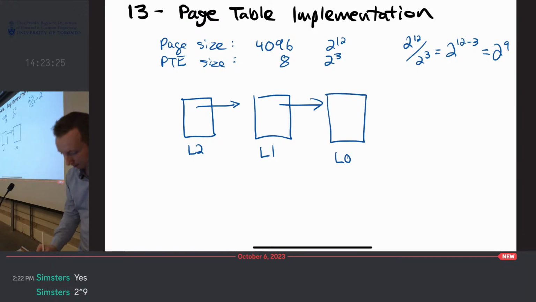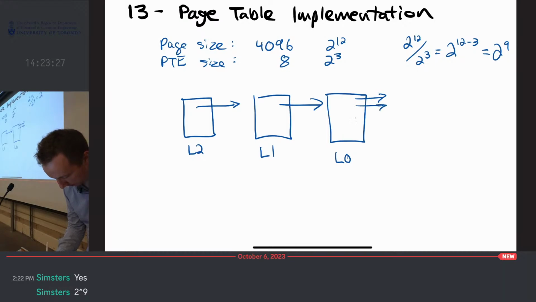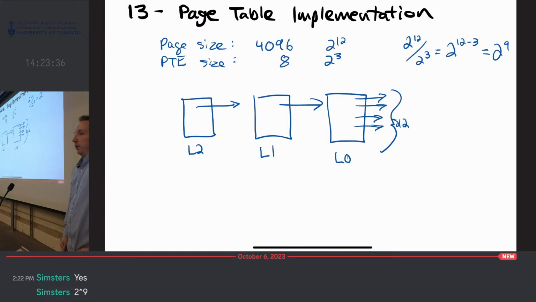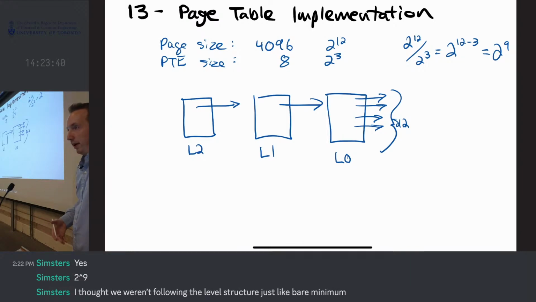Then in my L0 page table, these are all pointing to 512 different pages. So if my program uses 512 pages, I only need 3 page tables, and I can do 512 translations with just 3 page tables.